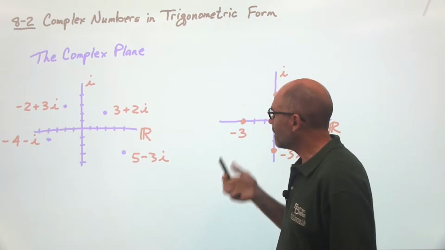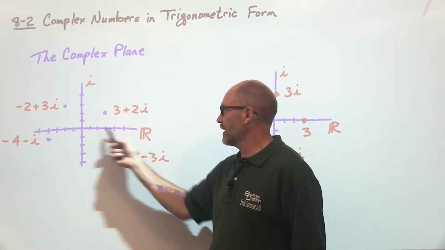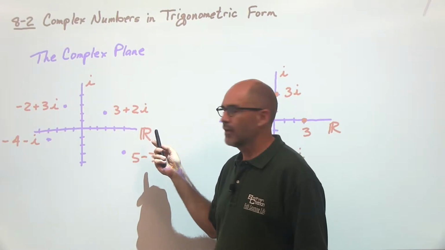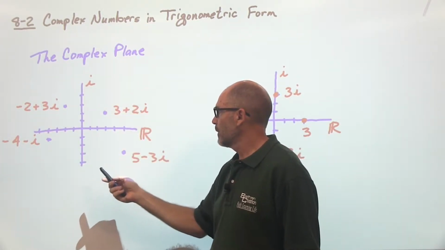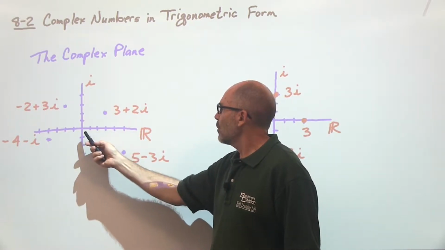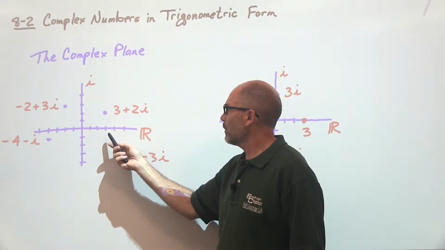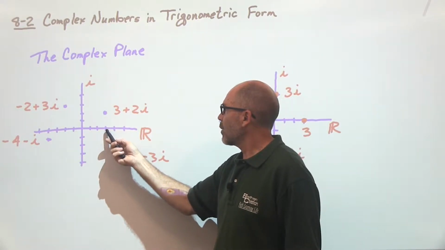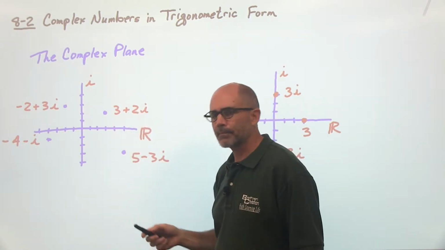What we have here is the horizontal axis is the real numbers. The vertical axis is the imaginary numbers. So if I go right 3, then I have real number 3. If I go up 2, I have imaginary number 2i.